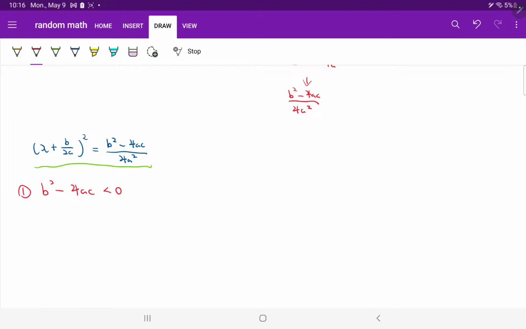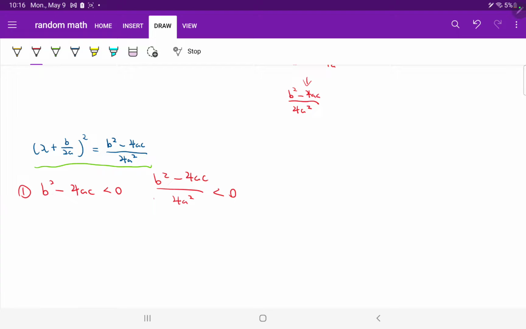So what does this mean? If b squared minus 4ac is less than 0, then this whole term on the right, which is b squared minus 4ac over 4a squared, must also be smaller than 0. Because if the top term is smaller than 0, it means that it's a negative number, right?